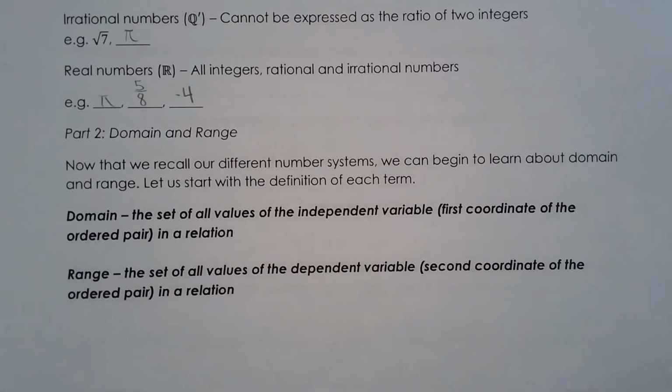So when you ask yourself what's the domain, you can ask yourself what are all the possible values for x. Whereas range is the set of all possible values for the dependent variable in a relation. So what are all the possible values for y? That's what I think of when I'm asked for the range. So domain, what are all the possible values for x? And for the range, what are all the possible values for y?